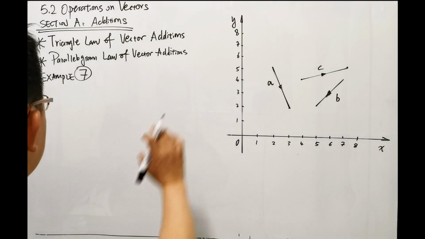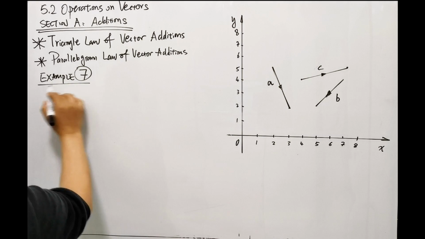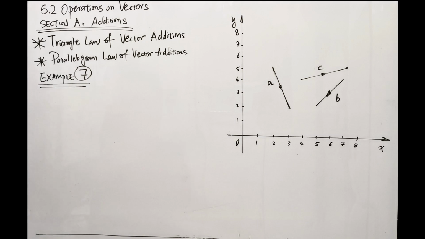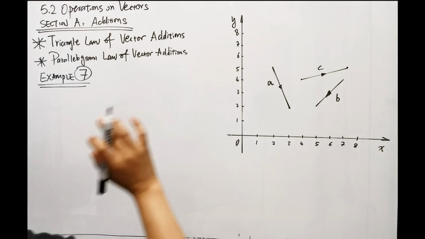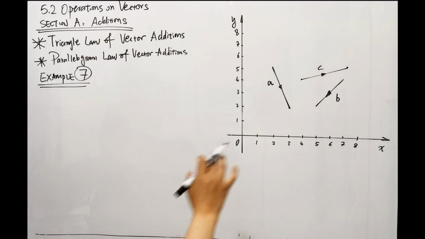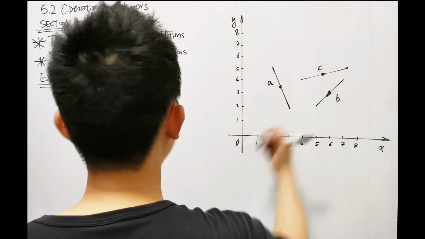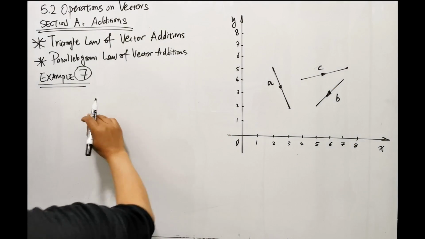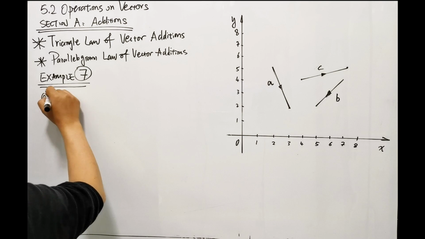Let's look at this diagram. In these diagrams, each of the vectors has been expressed in a, b, c. So let's look at the first question, a.